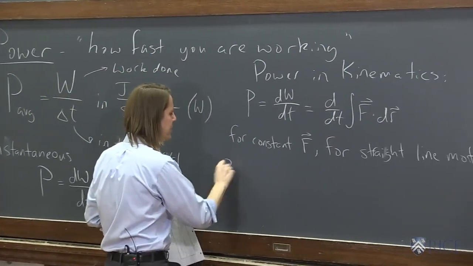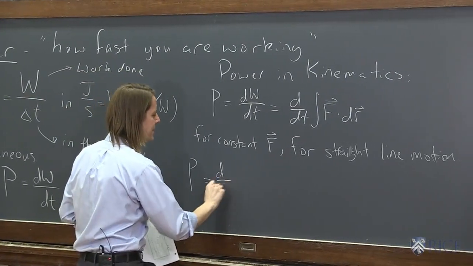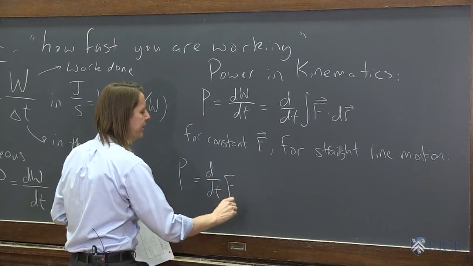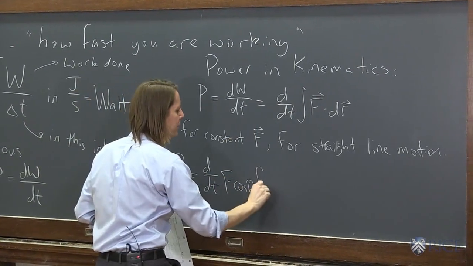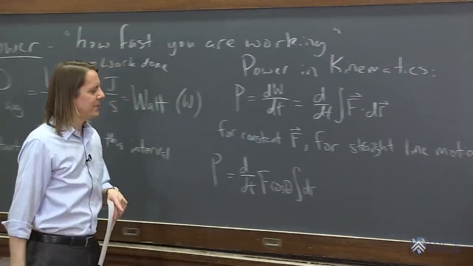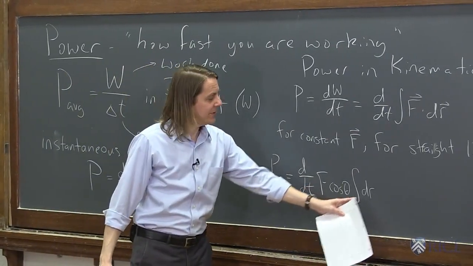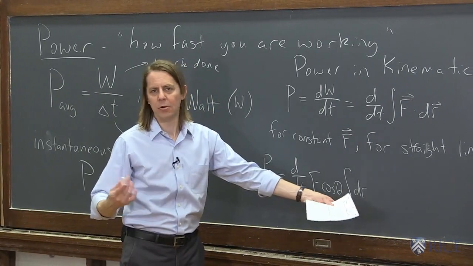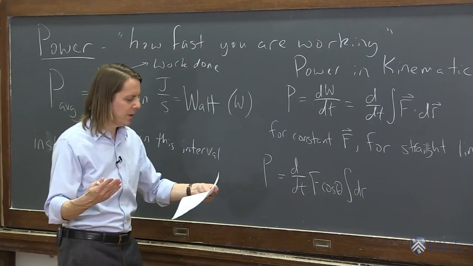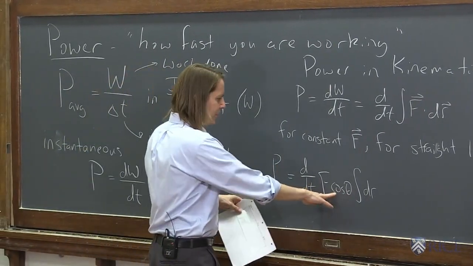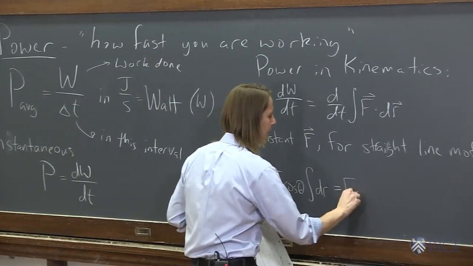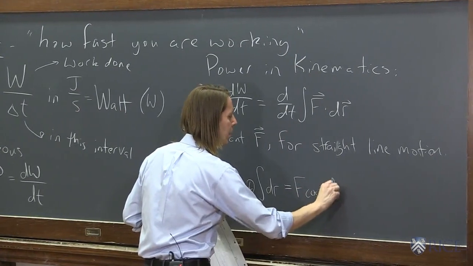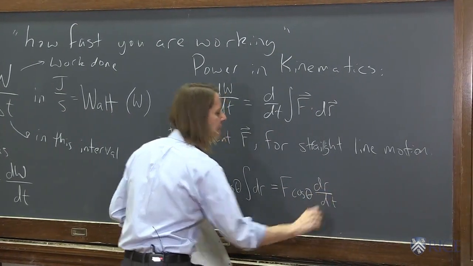So we could write this P then as d dt of the force magnitude, cosine theta between them, and then you're just left with the integral of dr, the magnitude dr. But then that's just the distance. That's just what you would call d or r, or just how far it went. So then you could say, well, these are constant. They can come out of the d dt. So it would be F cosine theta dr dt.